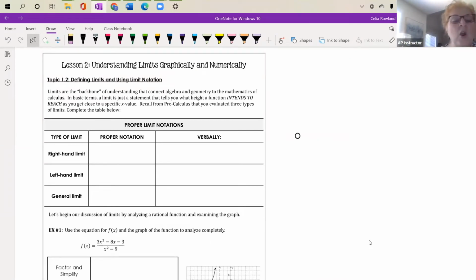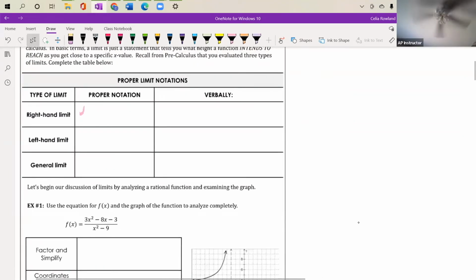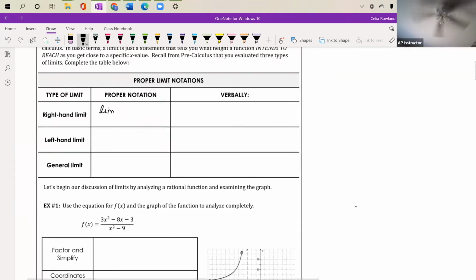So when we talk about when we write limits, because we have to be able to do these when we look at continuity, we're going to say the limit, oh, not in pink. Okay. Let's grab the pencil. The limit. And basically, we're going to say as x approaches some value c, if we're saying from the right of c, we're going to put a plus sign as a subscript or superscript. So as x approaches c of f of x.